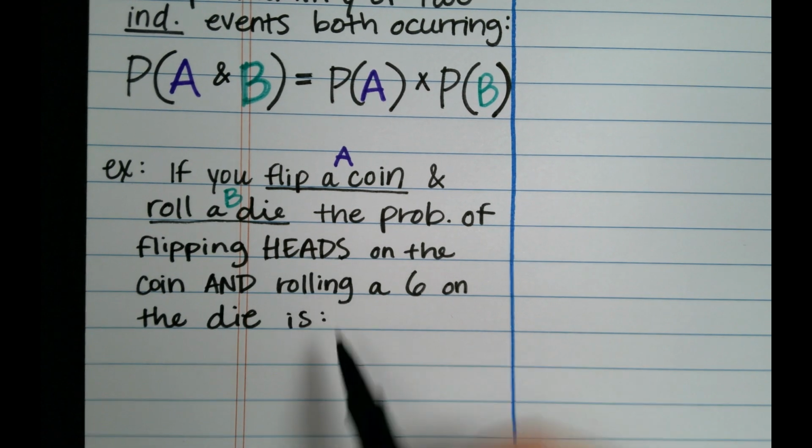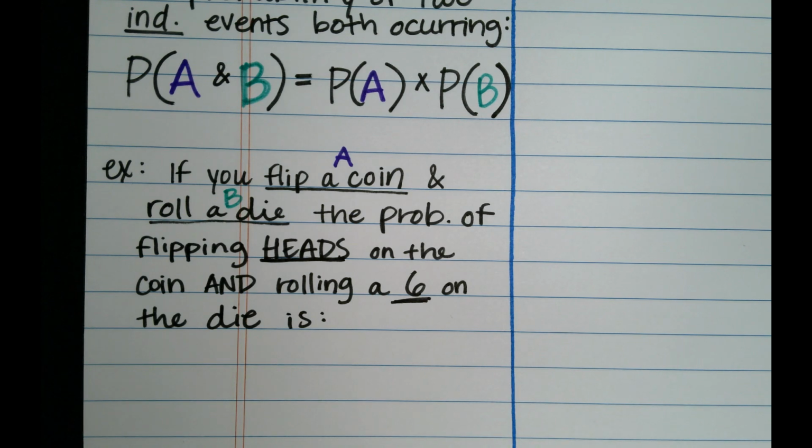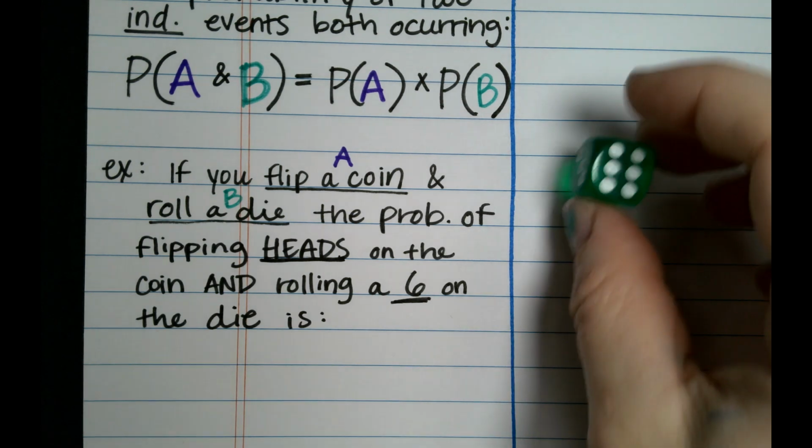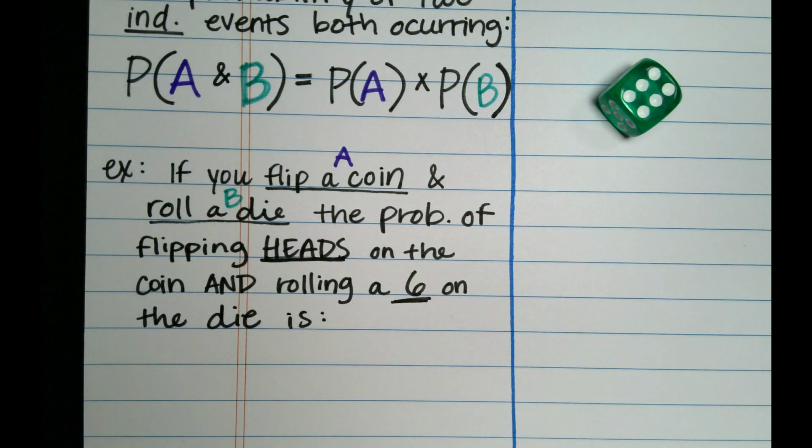So heads and rolling a 6. Now we need to know how dice work for this to make sense. So here's the interactive part. I'm gonna give you all a dice. I'm gonna pass this out while I pause this. So now that I've passed all those dice out, let's look at it.